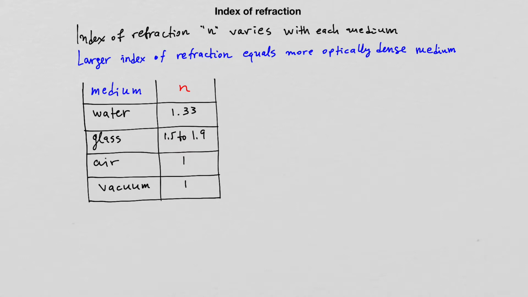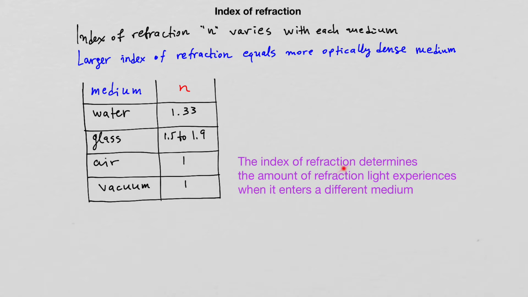If you visualize what glass is and what water is, you can tell that glass is denser by its physical properties than water. And so this, in a way, translates to the index of refraction. To summarize, the index of refraction determines the amount of refraction light experiences when it enters a different medium.